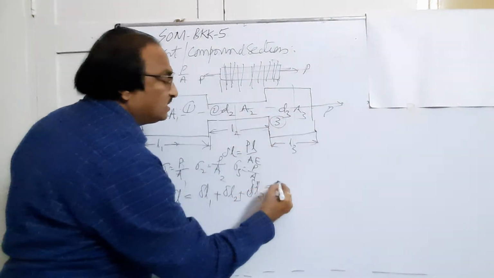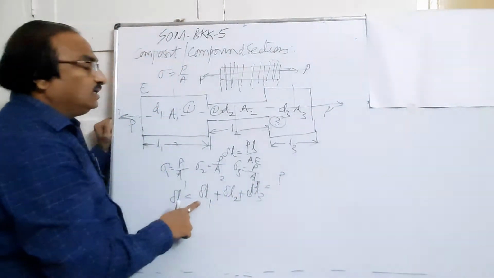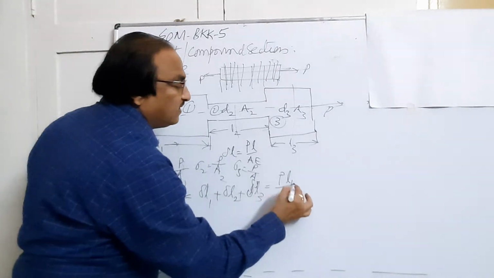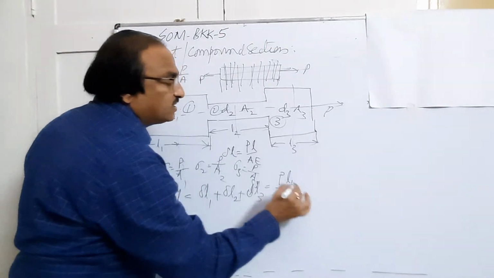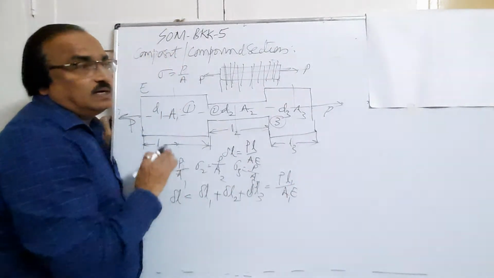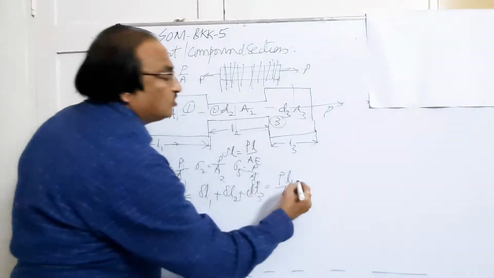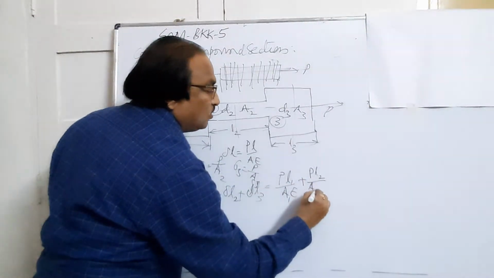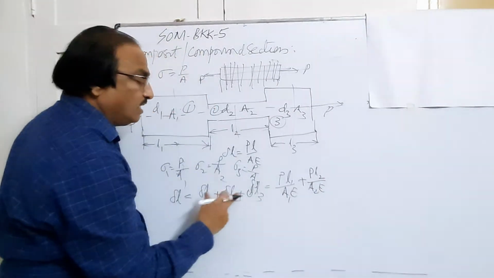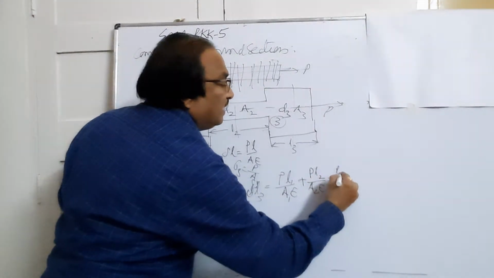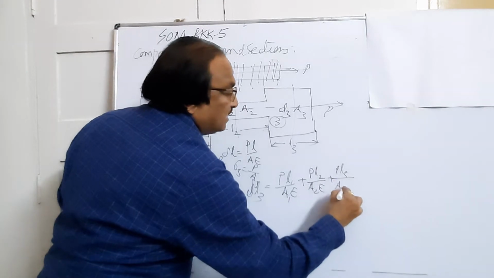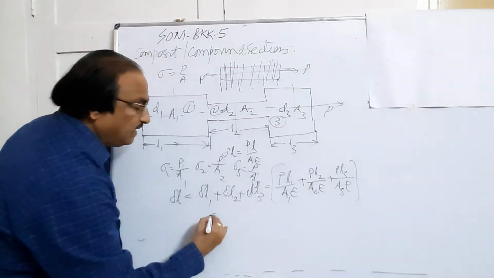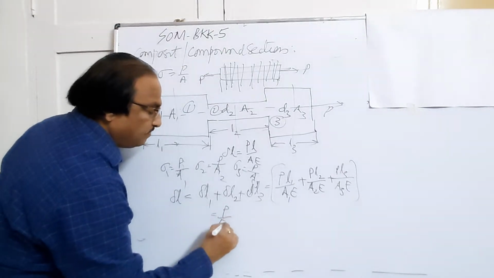And we know deflection is given by PL by AE. P is same, L is different, A is different, E is same. If the material is same, Young's modulus remains the same. So plus P L2 by A2E plus P L3 by A3E. So here P by E is common here. P by E.